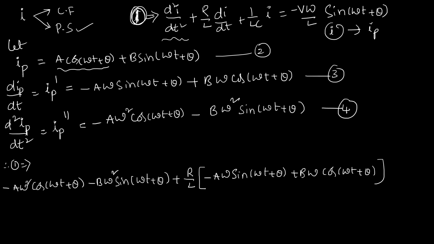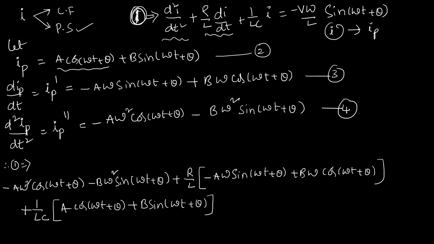Third, plus 1 by lc into I, where I is ip, that is a cos(omega t plus theta) plus b sine(omega t plus theta).